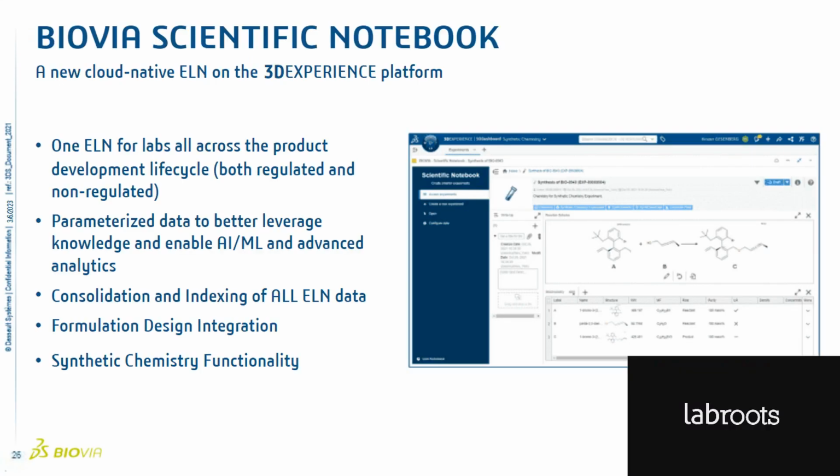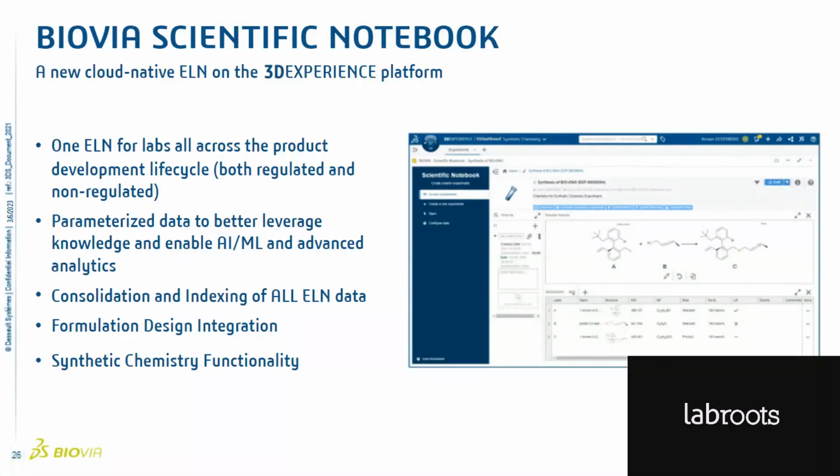Now, a key component of OneLab is our integrated ELN called BIOVIA Scientific Notebook. And it's our new cloud-native ELN, which is based on the 3DEXPERIENCE platform. It's designed to be really flexible so that you can use it across these different areas in the product development lifecycle, as I was talking about earlier.